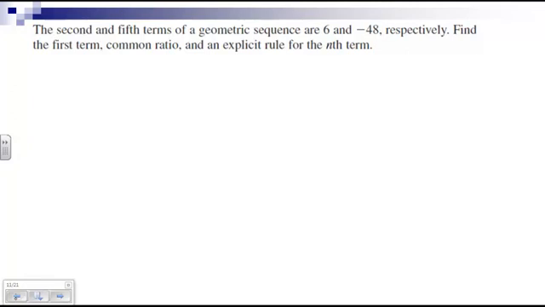It's like partial knowledge. I give you this much, can you find out everything else? It's the second and fifth. I can see the wheels are already turning in Jordan's head.